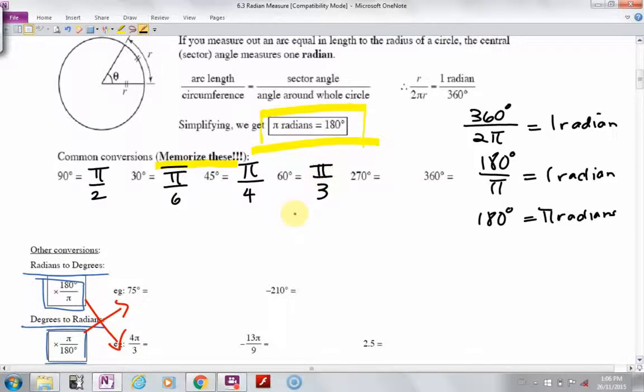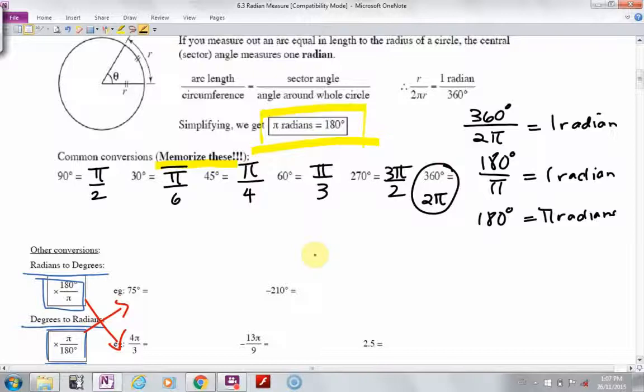You're getting this. Okay, if 90 is pi by 2, then 270 is 3 pi over 2. And if 180 degrees is pi, then 360 degrees is 2 pi.